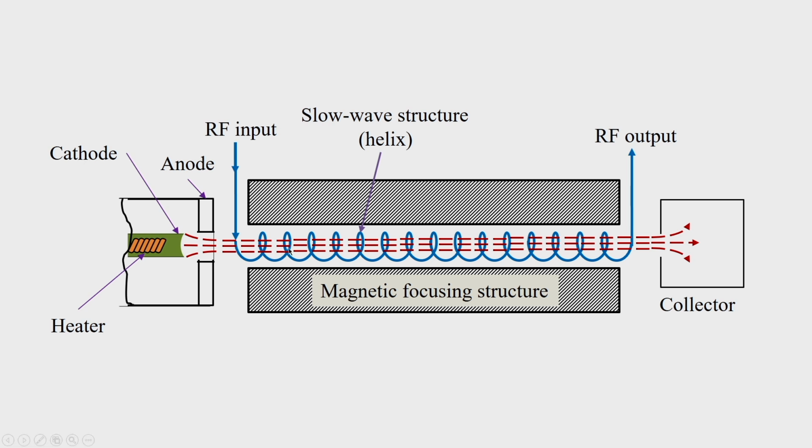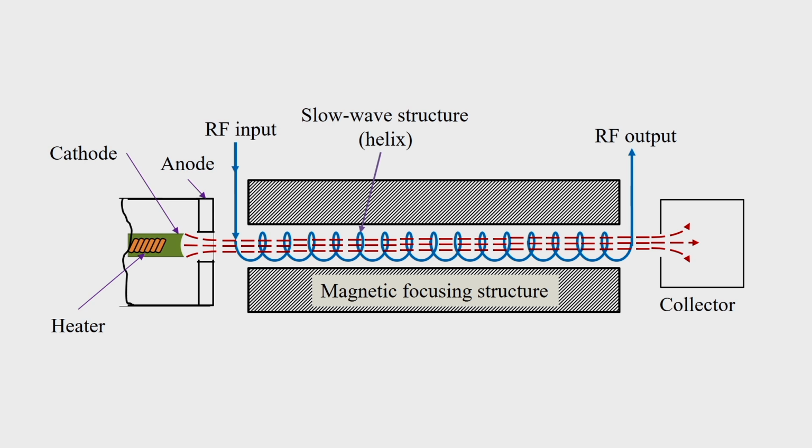These electrons, when traveling within the interaction space, interact with the wave in the slow wave structure, and this interaction is continuous.